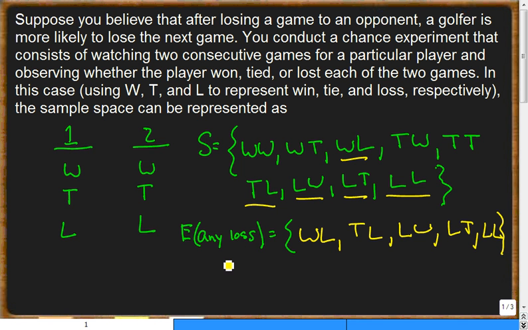So the number of single outcomes where we have a loss is 5. There are 5 different ways for us to lose at least one game. We could figure out all sorts of different events from this, ones that intersect with others, but just creating a sample space is the key to first understanding how to do probability.